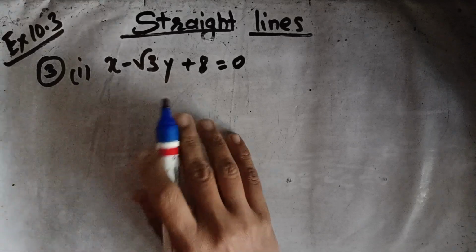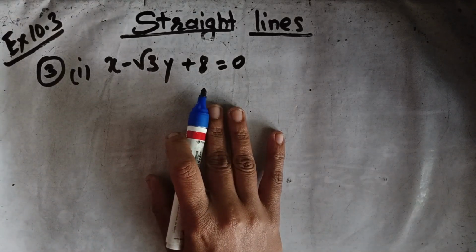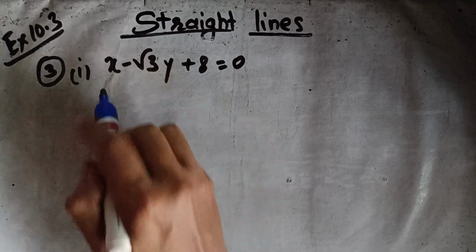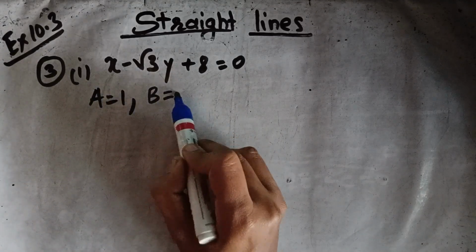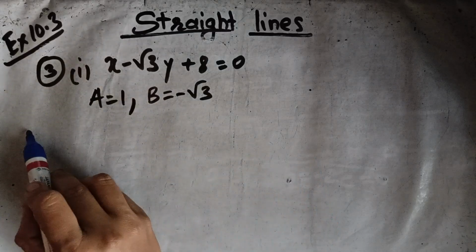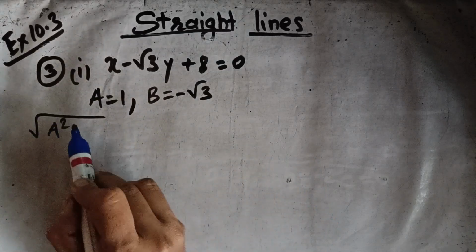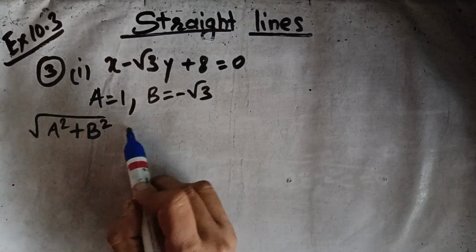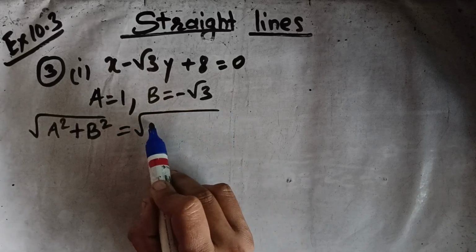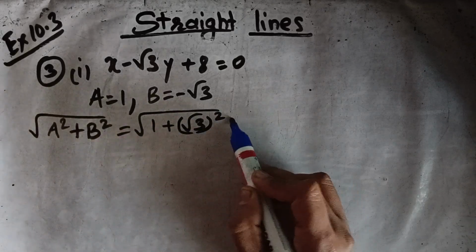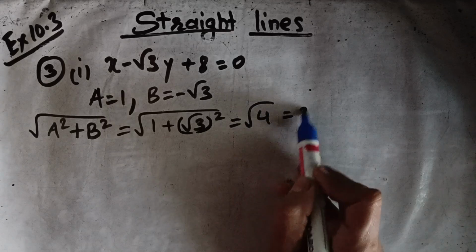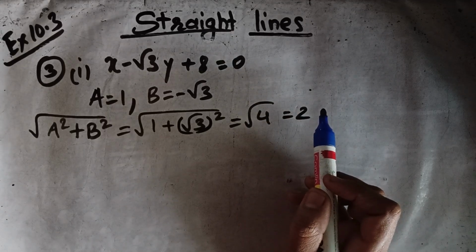Now this can be written in the following way also, that is a is 1, b is minus root 3. Correct? So root of a square plus b square is root of 1 plus root 3 squared, which is root 4. So this is 2.